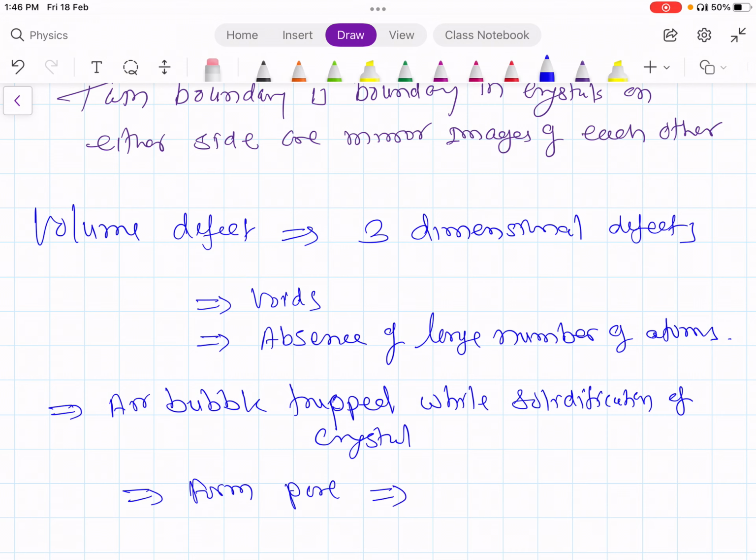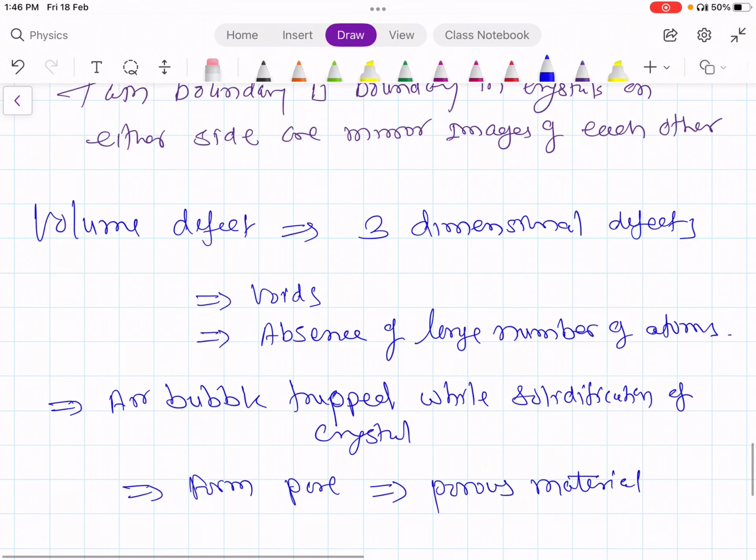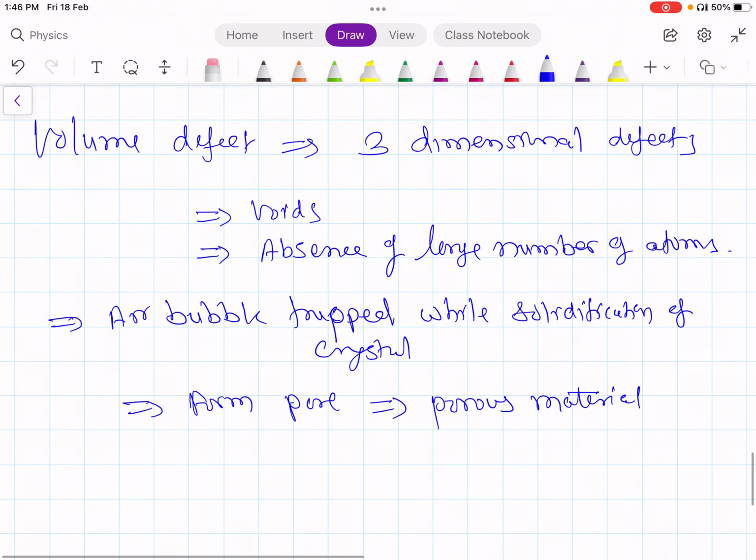And if a large number of air bubbles are trapped in the crystal during the solidification, then what we get is a porous material. And this is of course a three-dimensional defect, which we are calling a volume defect.